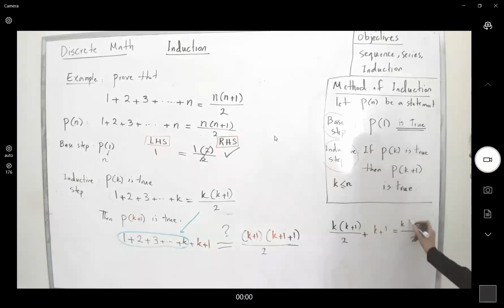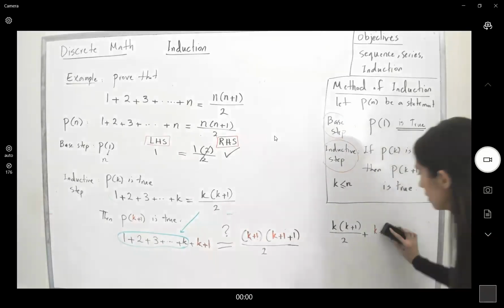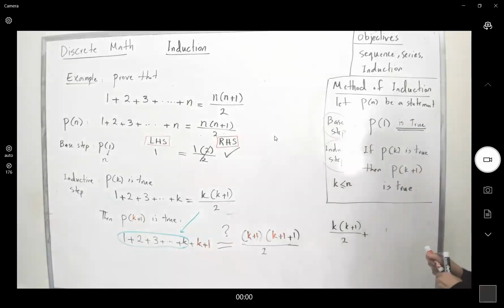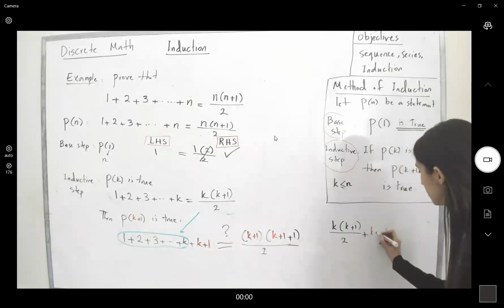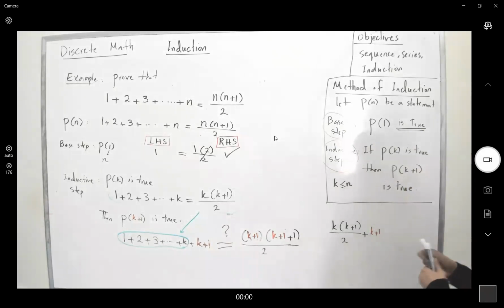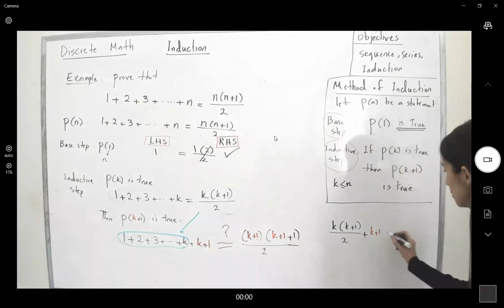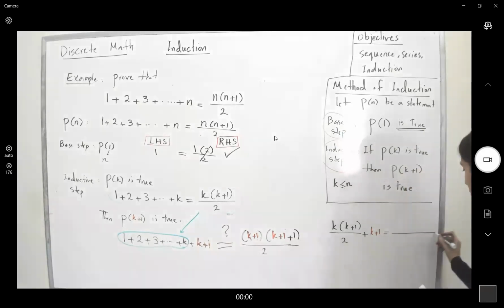So I get k times (k plus 1) plus 2 times (k plus 1), all over 2. Take the common denominator.